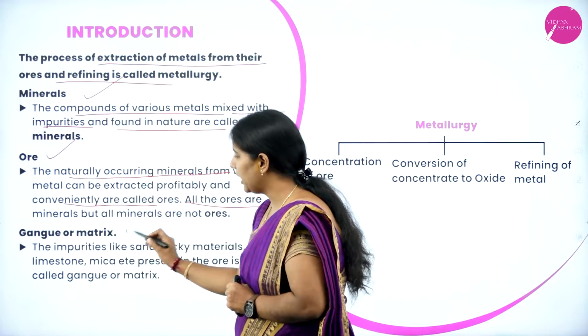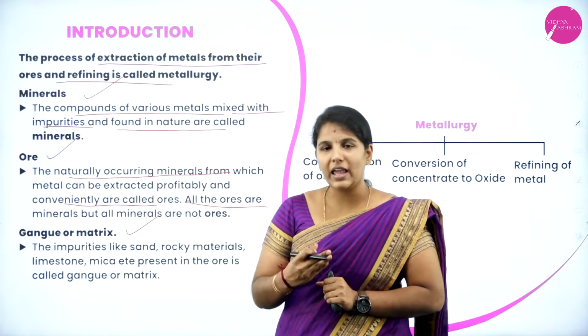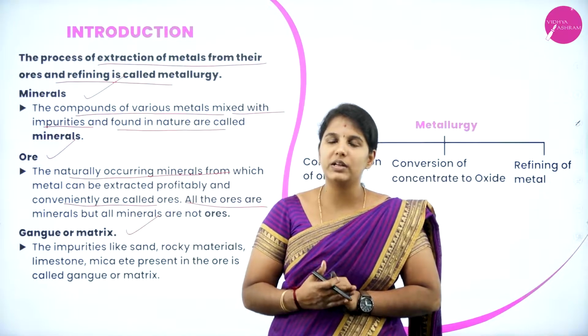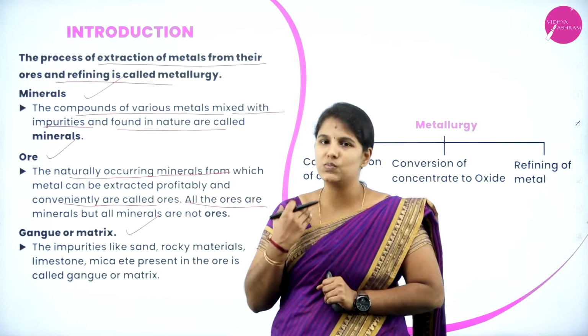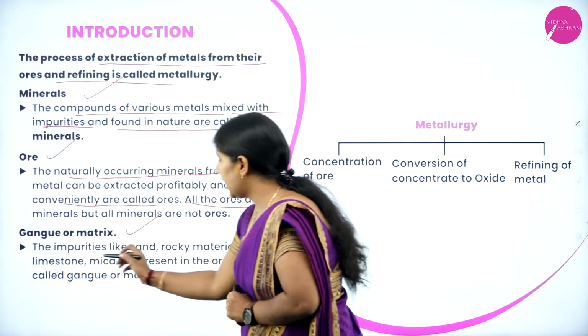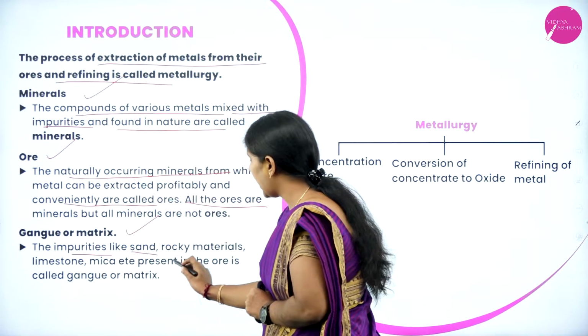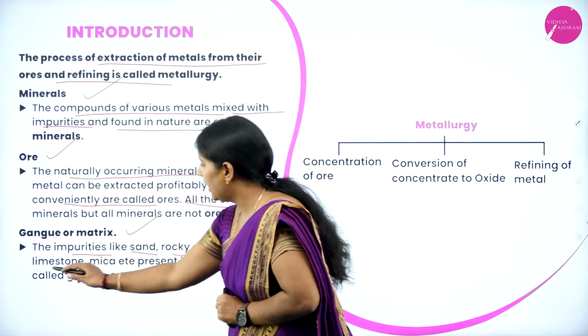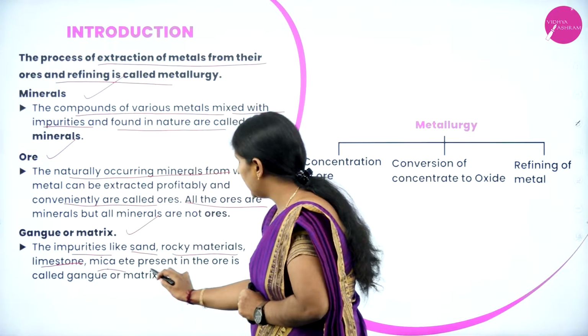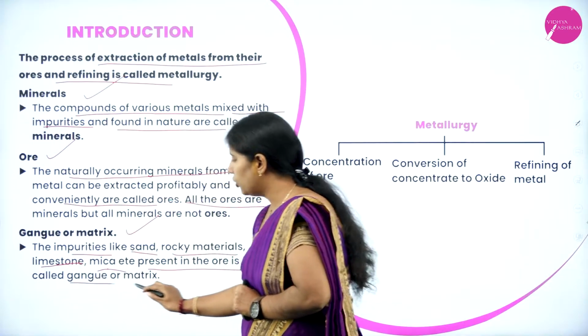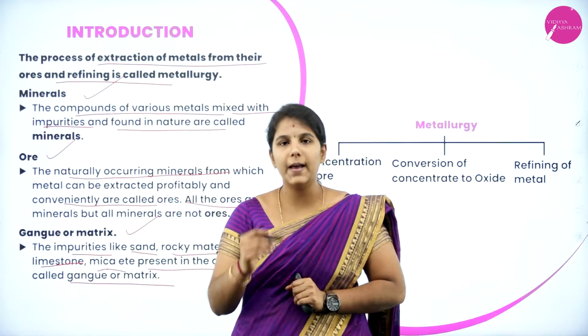Next is gangue. Remember, gangue is the matrix, which is nothing but the impurities found in the ore. The impurities such as sand, rocky material, limestone and mica which are present in the ore are known as gangue or the matrix.